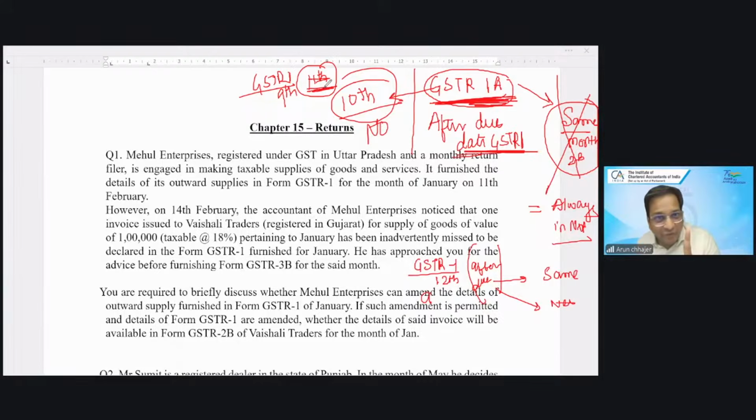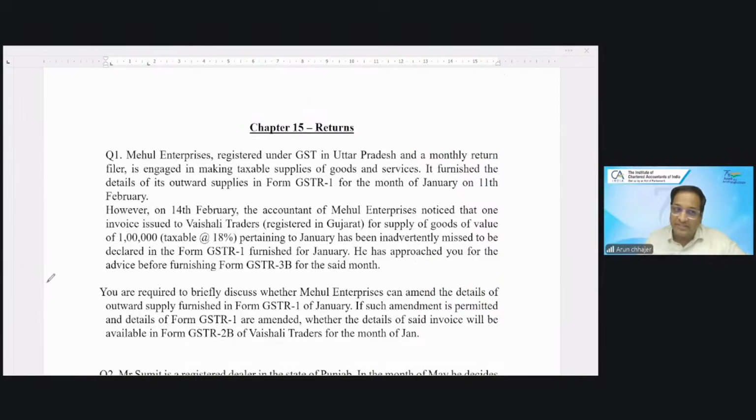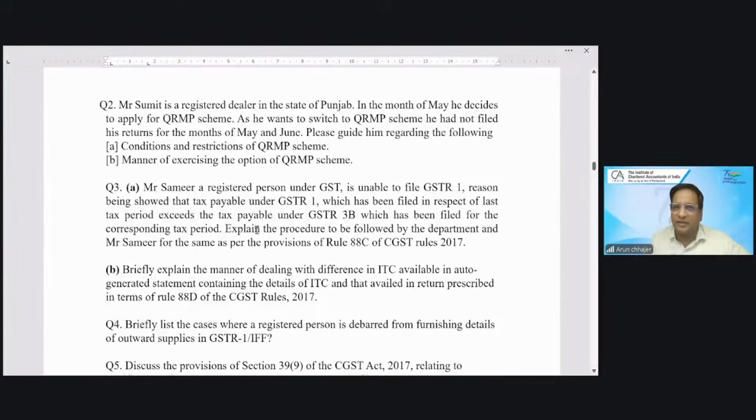My GSTR 1A would open only after 11, and because it opens after the due date, the same 2B can never happen. Is it clear? I hope I have taken all the aspects of your question, Navneet. All your points I have covered. Yes, after the due date of GSTR 1, but before 3B, obviously. Absolutely correct. So I'm going a little fast.